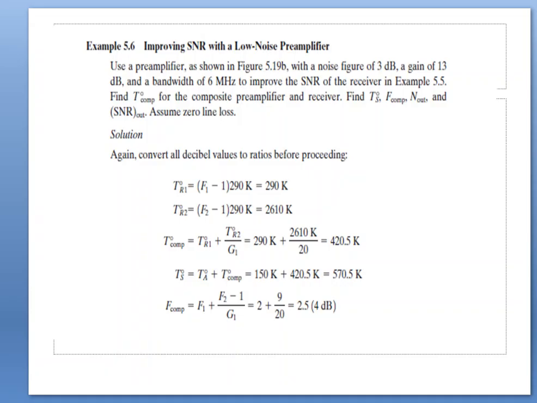Now T composite is equal to TR1 plus TR2 divided by G1, as we already expressed in the previous slide, that is approximately equal to 420.5 Kelvin, and Ts is equal to TA plus T composite, that is 570.5 Kelvin. Then we calculate F composite, that is equal to F1 plus (F2 minus 1) divided by G1, you will get 2.5, that is approximately equal to 4.